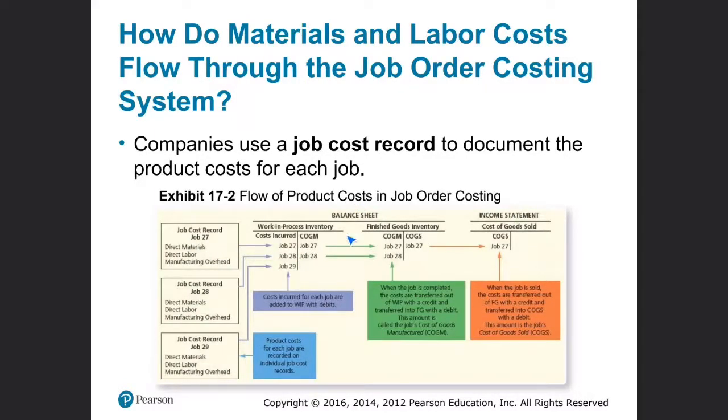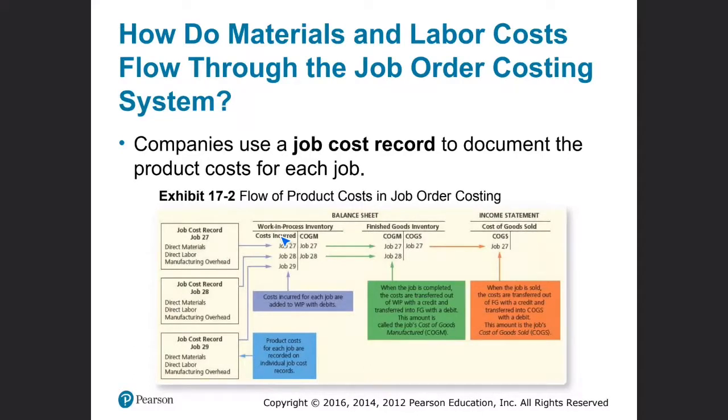It starts on our balance sheet. On our balance sheet, remember, we have the work in process inventory account, and that's where we keep everything that we are working on. So we get job 27, and job 27 needs certain direct materials, certain labor, and certain overhead.